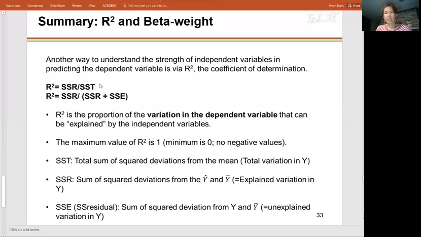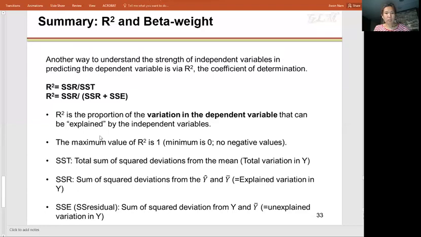SST is the sum of SSR plus SSE. R square is the proportional variation, so the numerator is the explained part, and SST in the denominator is the total variation. So you want a higher R square, right? You want a higher sum of square regression.